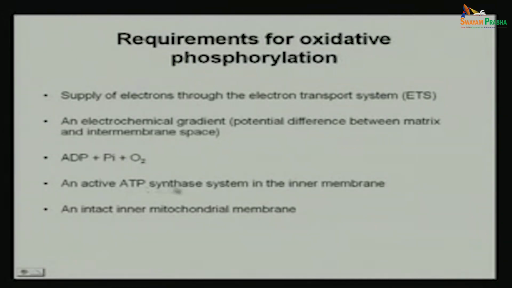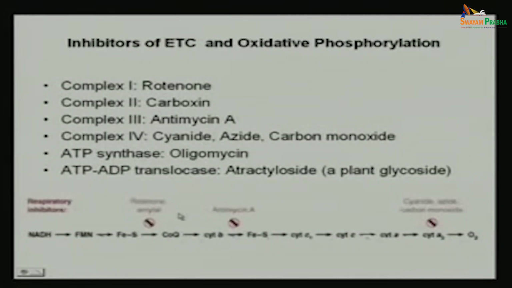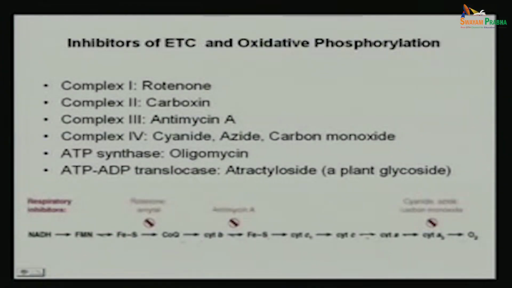An active ATP synthesis system in the inner membrane of mitochondria is very essential, and the most important part is an intact inner mitochondrial membrane, which plays a significant role. If there is any breakage, there will not be any gradient formation, resulting in the discontinuation of the oxidative phosphorylation process.